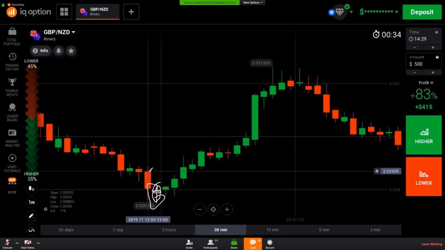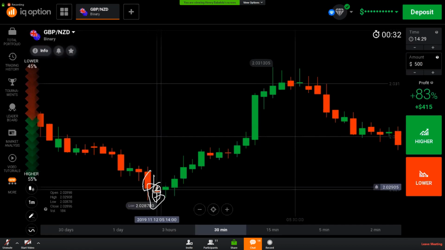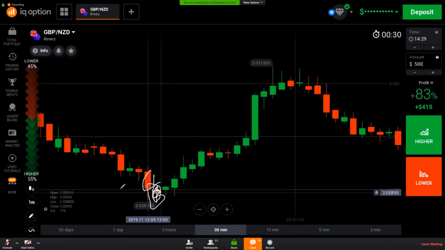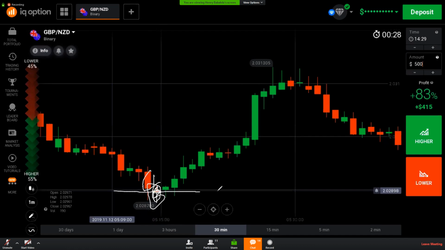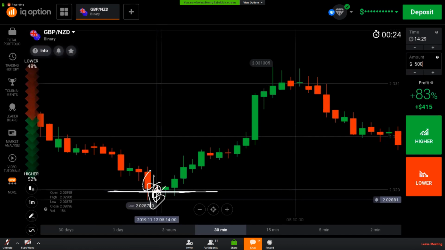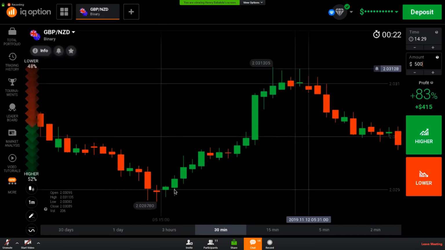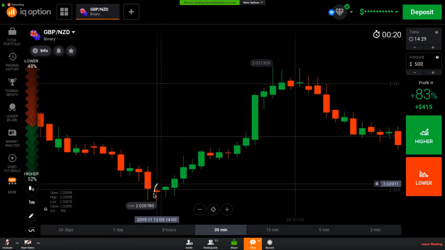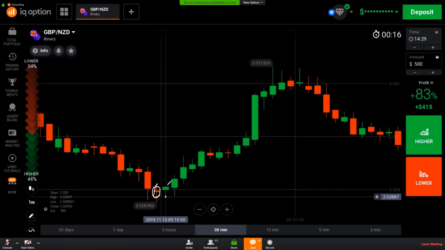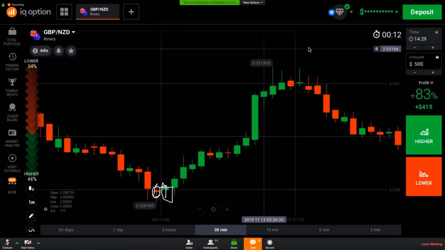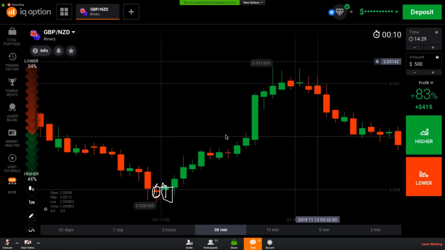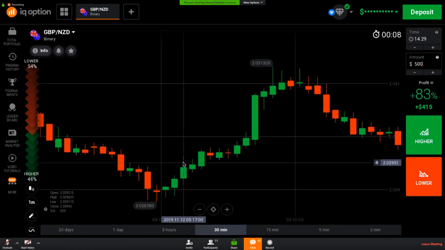The sellers are strong here, but the sellers are now weak in this candle. And you know that this is already an SNR area, so you're expecting buyers to take. So by this candle, I know that sellers now are weak. So you are seeing buyers taking over here.